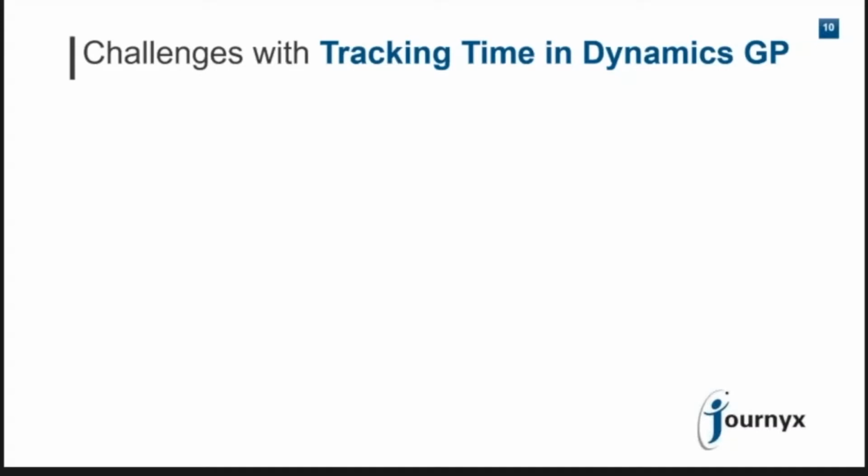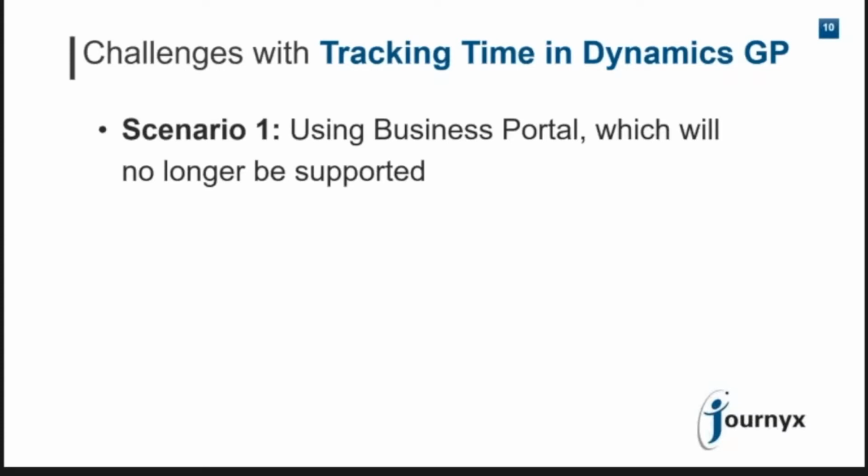So, some of the challenges with tracking time for Dynamics GP, you really sort of fall into one of, I would say, three categories. One of those is maybe I'm on an older version of GP, and I'm currently using Business Portal, and if I'm looking to upgrade to a newer version of GP, that's no longer going to be supported.